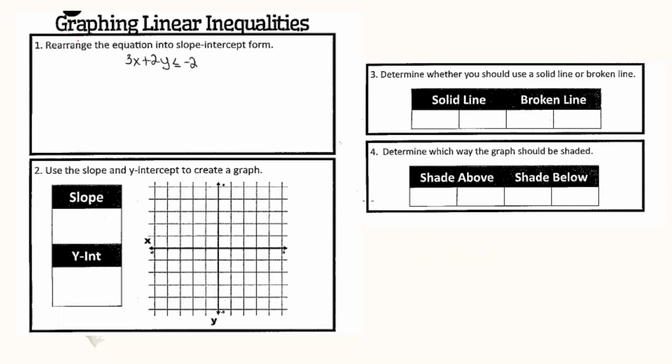So step number 1 here says rearrange the equation into slope-intercept form. Slope-intercept form is y = mx + b. So we're going to ignore that this even has an inequality symbol here, and we're going to go about getting this into slope-intercept form like we normally would. Subtract your 3x from both sides. You get 2y ≤ -2 - 3x.